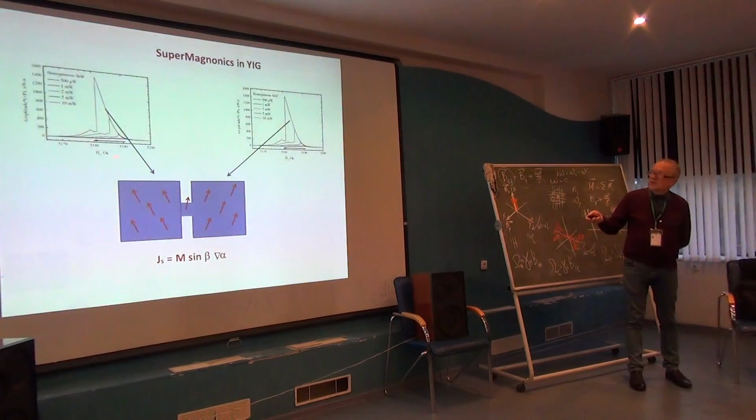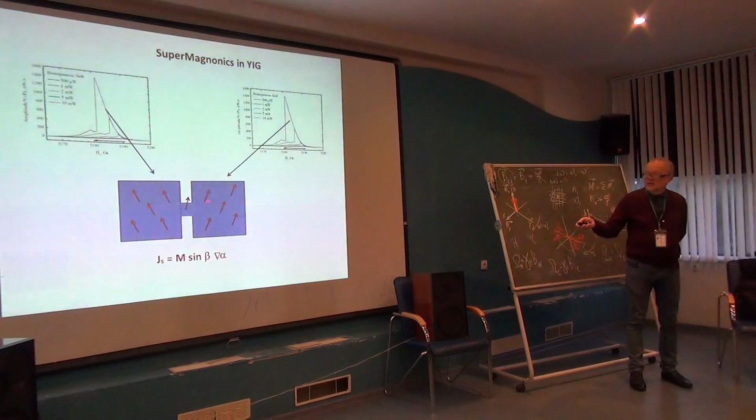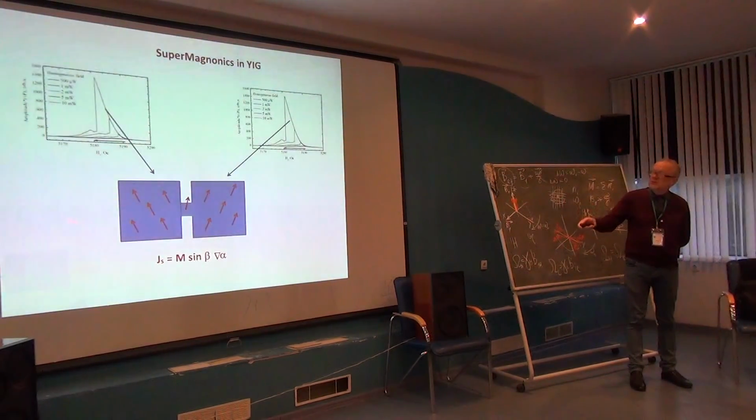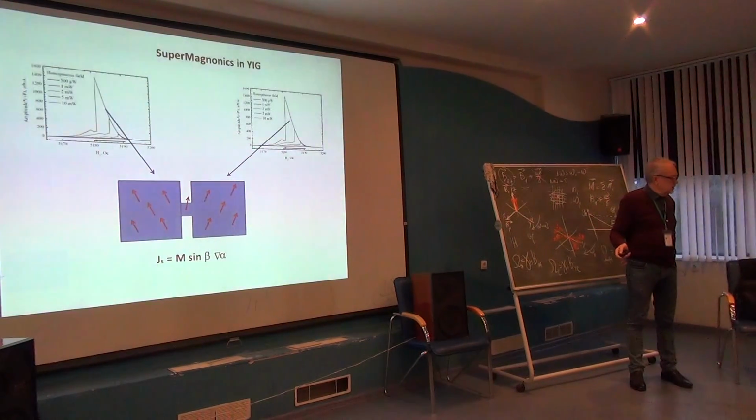How does it look? You see, we have, for example, two ferrite films, and a bridge between the two. In one, we can make the Bose condensation with one phase of precession, and in the other with another phase of precession. And then, in the bridge, there should be a current.